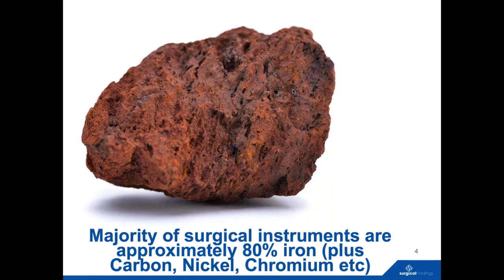There are other elements involved as well, such as carbon, which allows the steel to be hardened and fit for purpose, and nickel and chromium each play their part in relation to corrosion resistance. Chromium allows the device to be oxidized, passivated, which we'll come to later, and gives it its shiny finish.